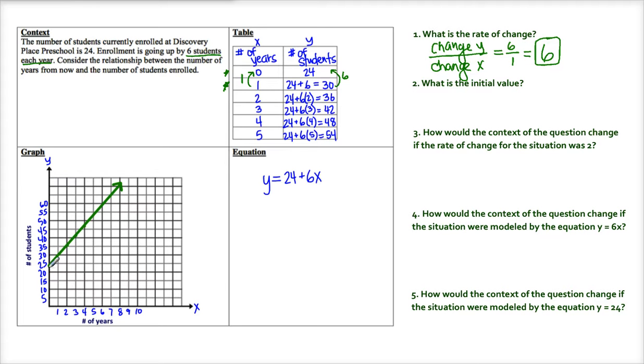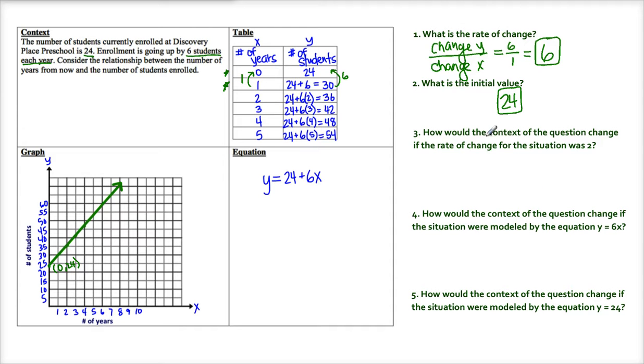And it looks like it starts right here at (0, 24). So my y value there is 24. So my initial value is 24, and that matches up nicely with the fact that there are 24 students currently enrolled at Discovery Place Preschool.